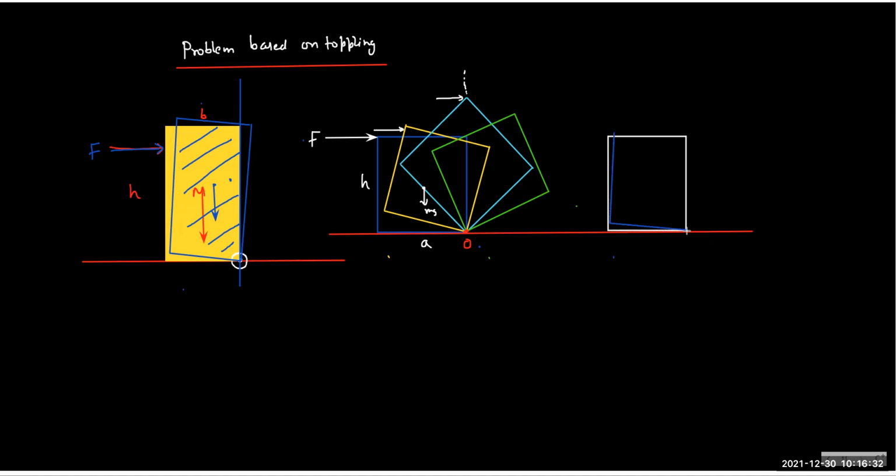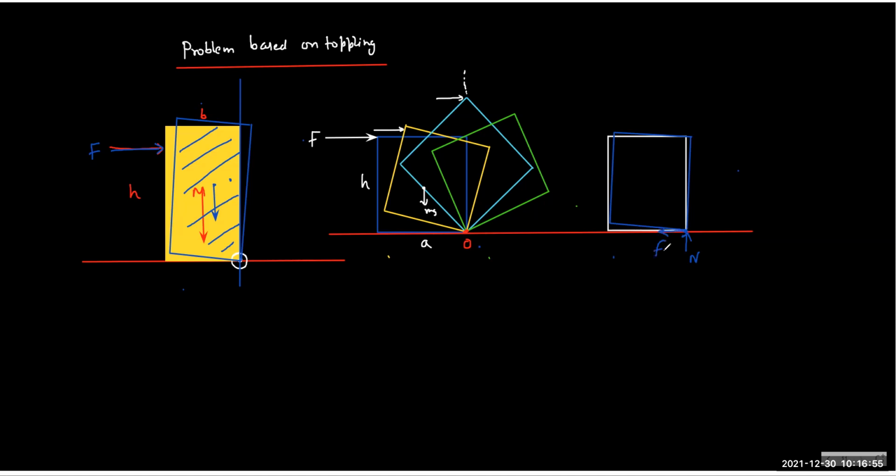So why is this so? The answer is simple. Once we assume the body has been slightly tilted, the normal will shift from the center to the edge of the body. So the normal will act here, and the friction will act here.